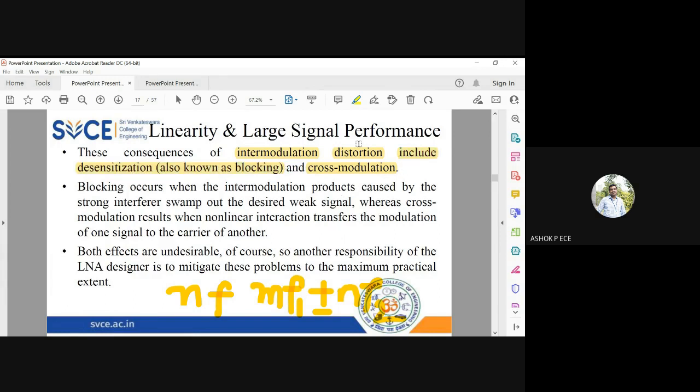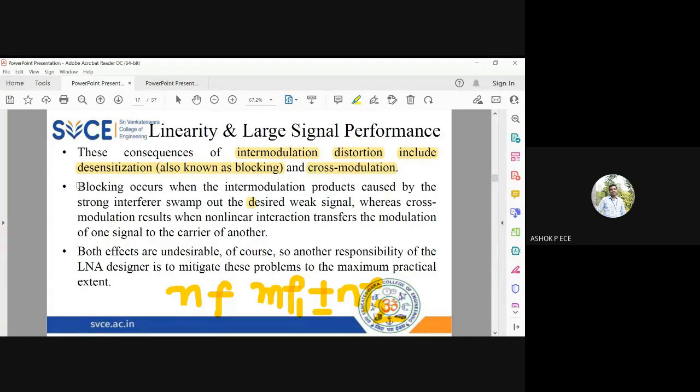Okay, so the intermodulation distortion sometimes is called blocking. What it means is, whenever two signals arrive at your receiver, one is going to be your strong noise, and the other one is going to be your weak signal.